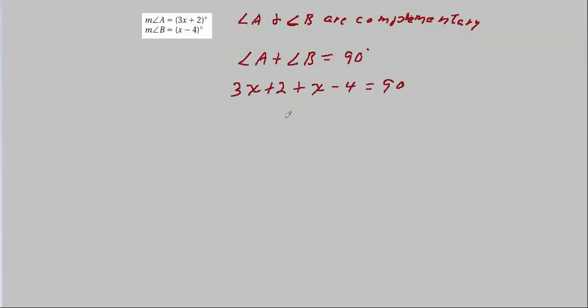And rearranging all this, we get 4x minus 2 equals 90 degrees, or x equals 88 divided by 4, which I think would be 22.